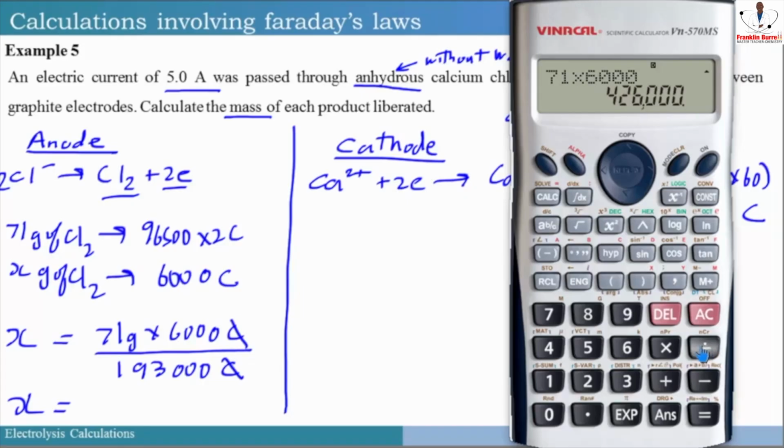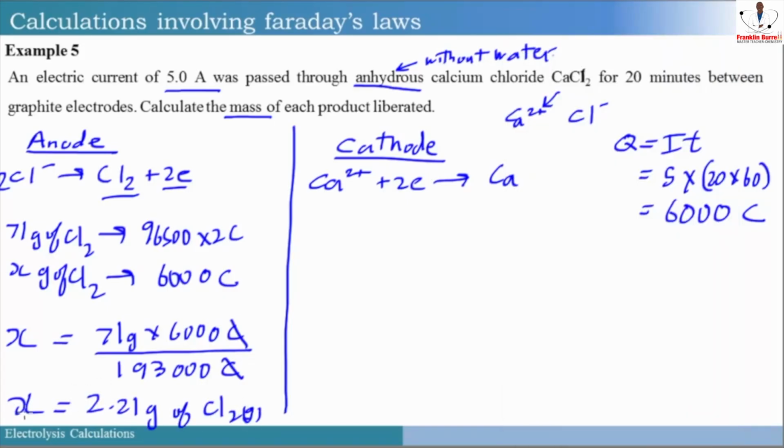And that now we will divide by 193,000. And that will give us a mass of 2.21 grams. So a mass of 2.21 grams of Cl2 would be deposited or liberated at the anode.